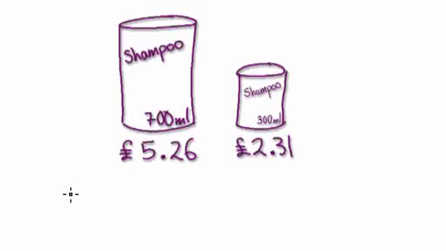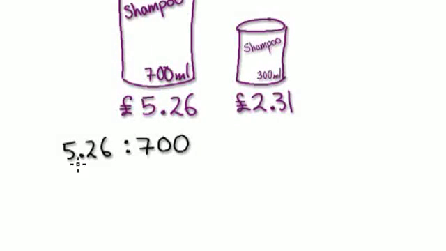So hang on, let's start again here. £5.26 will buy me 700 milliliters. Now let's try and somehow get from here, jump to the 1. So I want to get 1 here, and well, you see, if I want to get to the 1, I would have to times by a certain multiplier.